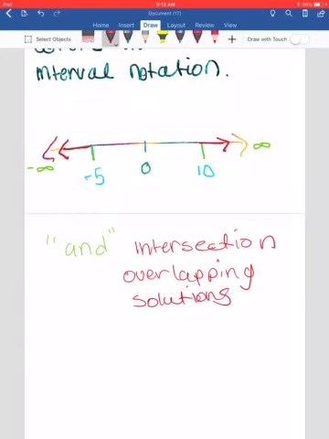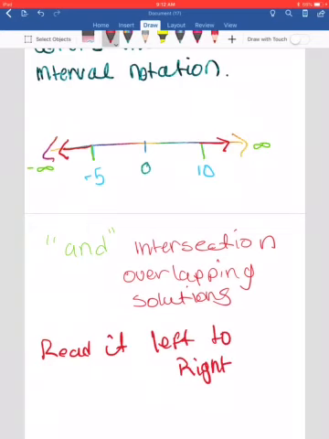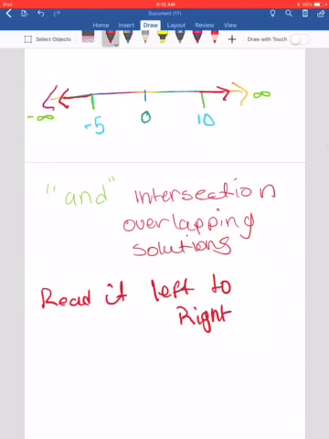So now let's read the number line from left to right. I'm going from negative infinity to negative 5, and my other piece will go from 10 to positive infinity.